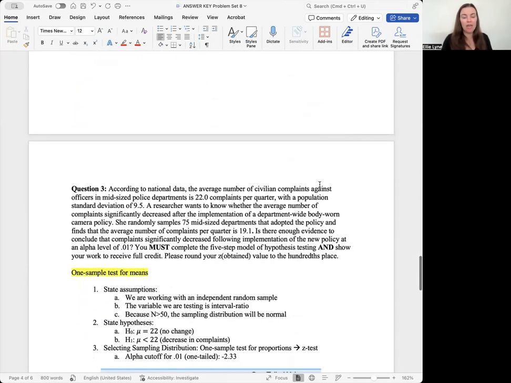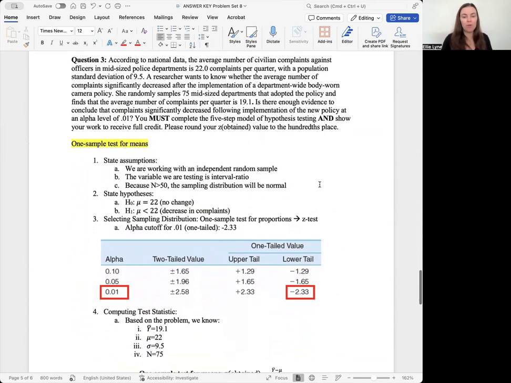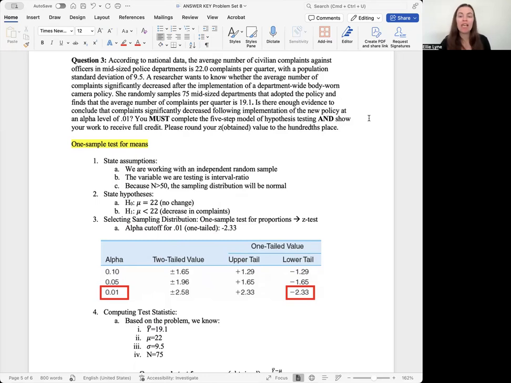All right, let's head over to question number 3, our last one for this problem set. According to national data, the average number of civilian complaints against officers in mid-sized police departments is 22 complaints per quarter, with a population standard deviation of 9.5.